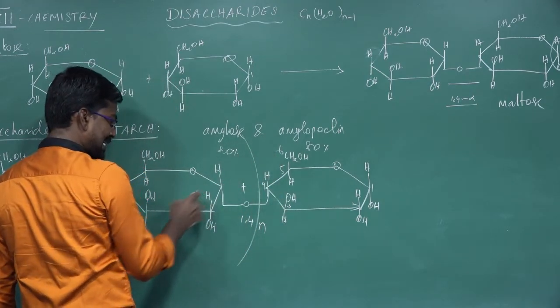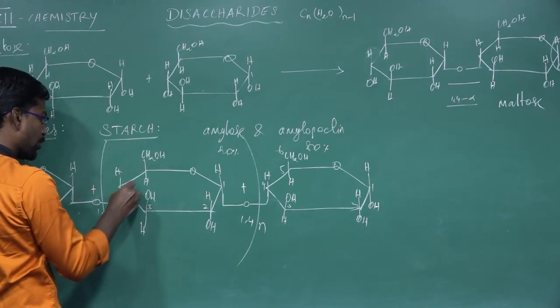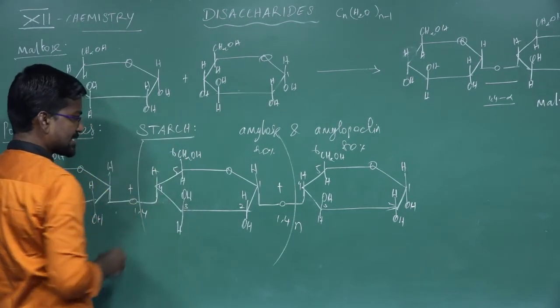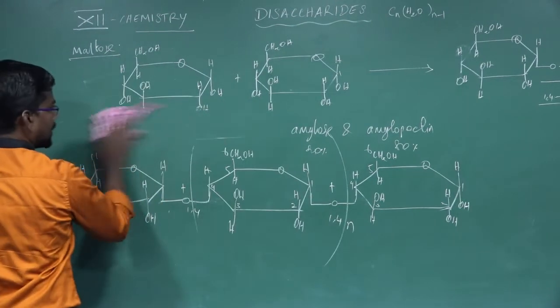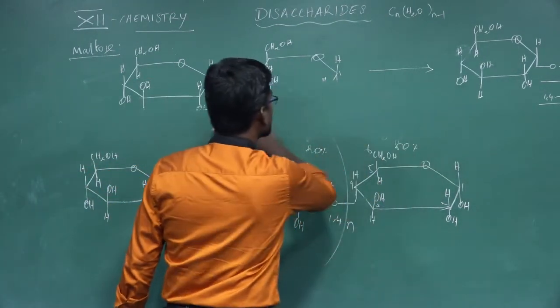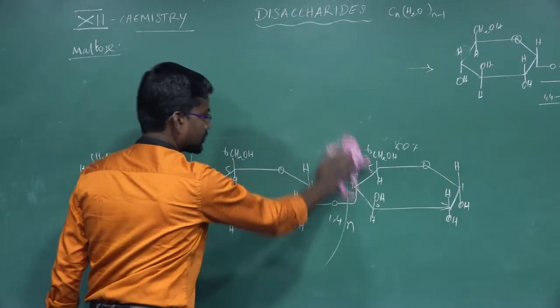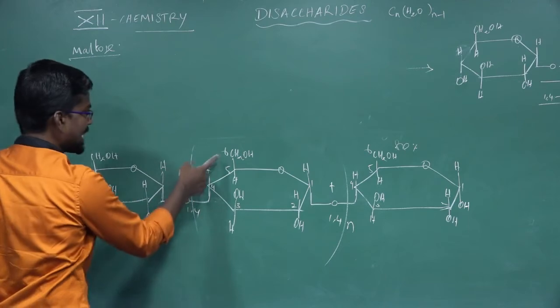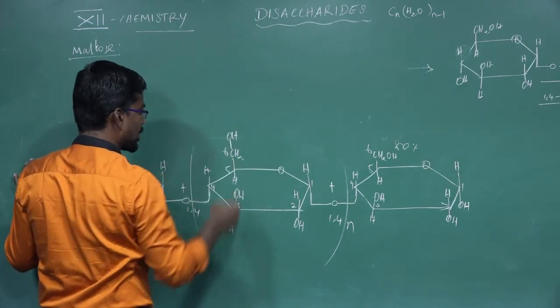Next is the center unit, which contains the first carbon, second carbon, third carbon, fourth carbon, fifth carbon, and sixth carbon of alpha D glucose. Which one is the sixth carbon? The sixth carbon contains the CH2OH group.